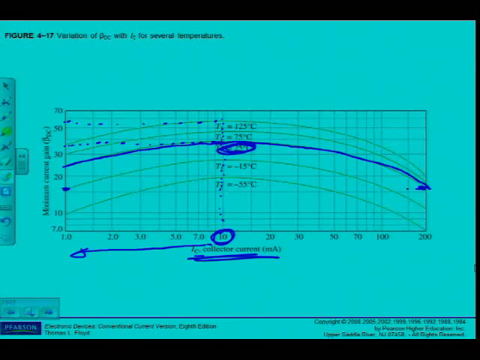Now we've seen that beta DC is actually a ratio between collector current and base current, and I have this parameter for each transistor. The manufacturer will measure this. Remember, we talked about hybrid parameters. The H parameter is actually called HFE.